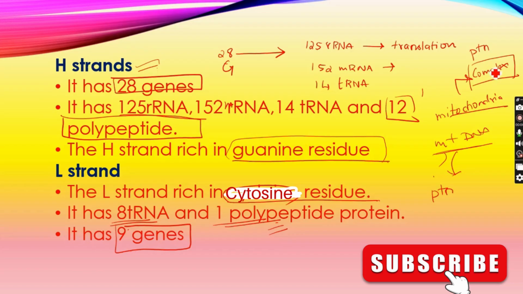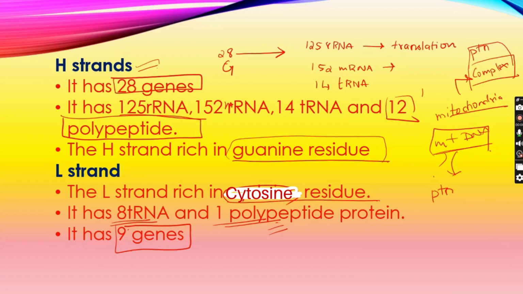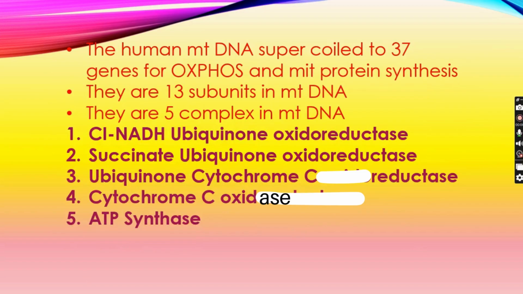In general they are known as protein complexes. Mitochondria consists of five protein complexes. These protein complexes are helpful in biological metabolism. The synthesis of these protein complexes can be carried out by the mitochondrial DNA. It has genes for this protein complex synthesis.